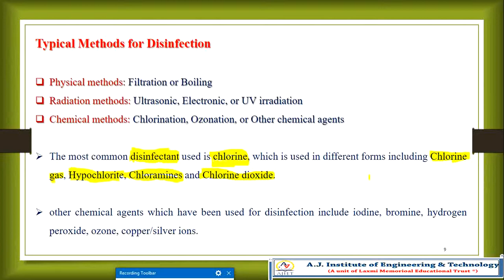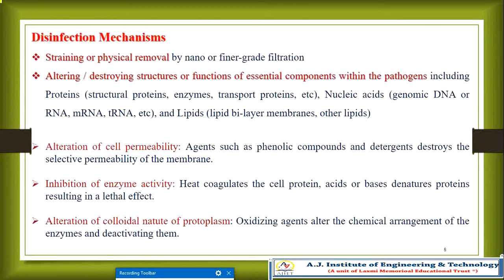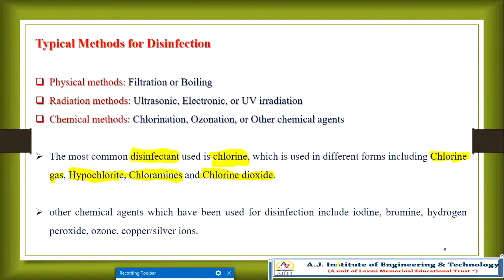Other chemical reagents used for disinfection include iodine, bromine, hydrogen peroxide, ozone (O3), and copper and silver ions.